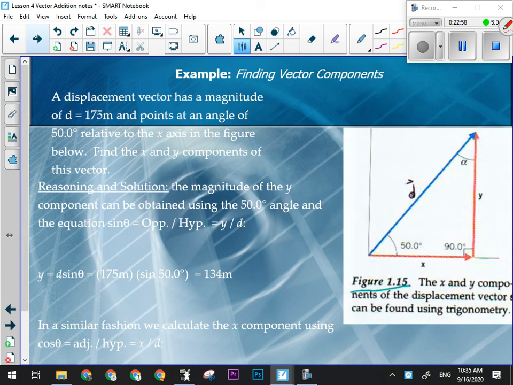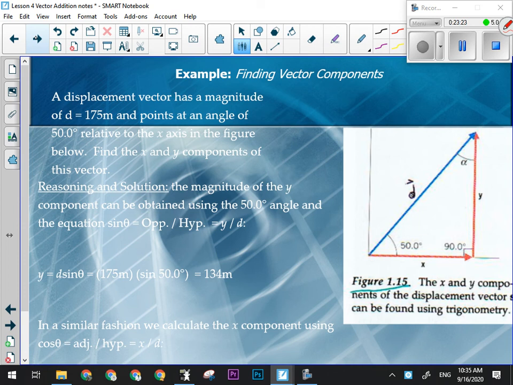All right, so looking at this example here, if I've got a displacement vector that is 175 meters long, points 50 degrees relative to the x-axis, and the way they wrote that, it should probably say above the x-axis, because below is also relative. So relative is not a great word to use there. I would have written this as 50 degrees above the positive x-axis.